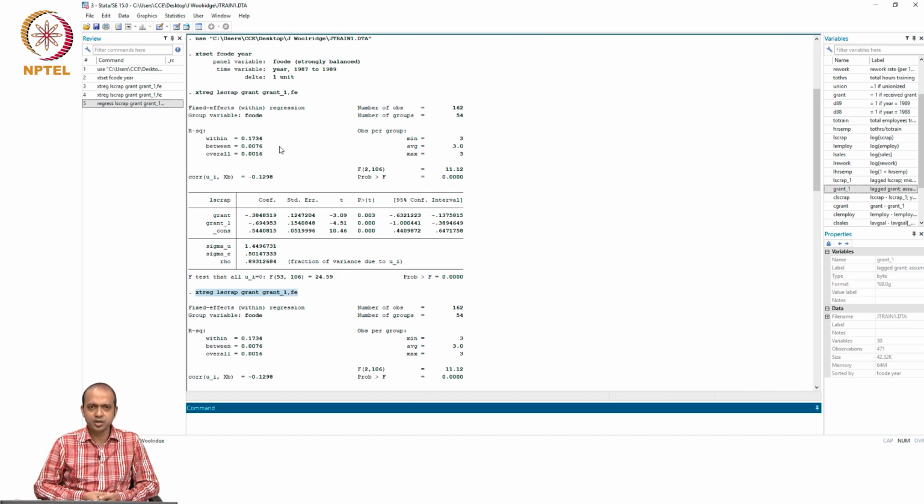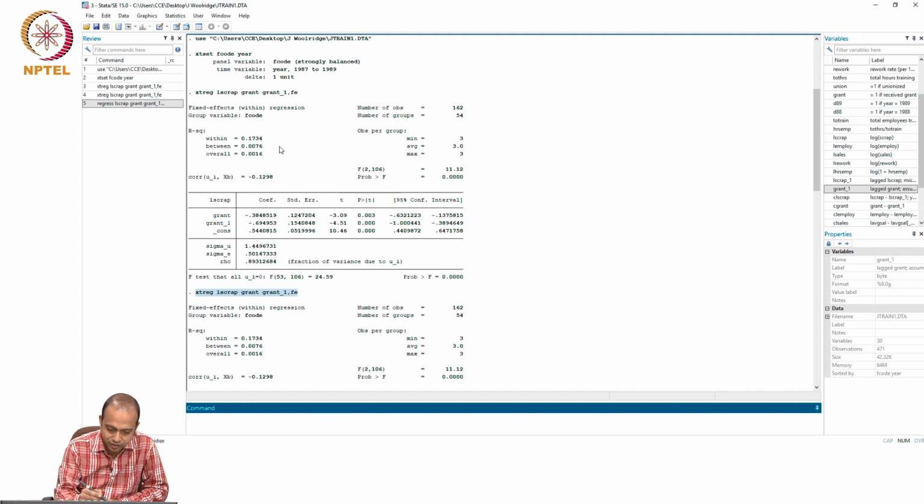Does that mean an LSDV model is always preferred to fixed effect? First of all, why is the R square so high in the LSDV model? Can you think of why the R square is so high in LSDV? This is the question I am asking.